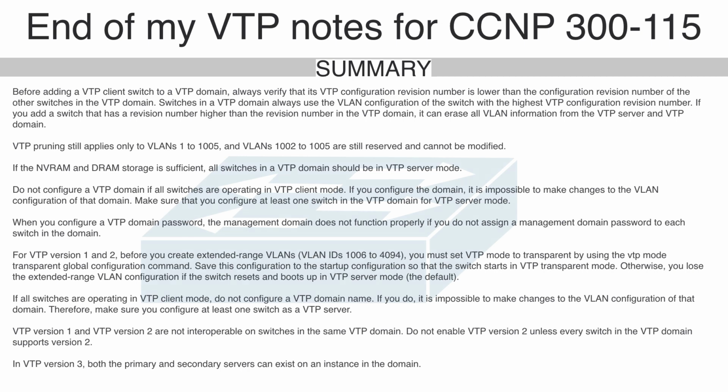VTP pruning still applies only to VLANs 1 to 1005, and VLANs 1002 to 1005 are still reserved and cannot be modified. If the NVRAM and DRAM storage is sufficient, all switches in a VTP domain should be in VTP server mode.